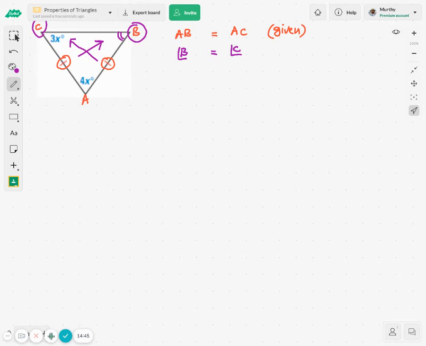Again, I'm repeating: the angles which are opposite to equal sides are equal. Therefore, angle B equals angle C. I don't know the value of angle B, but I know that angle C equals 3x. Therefore, angle B is also 3x.